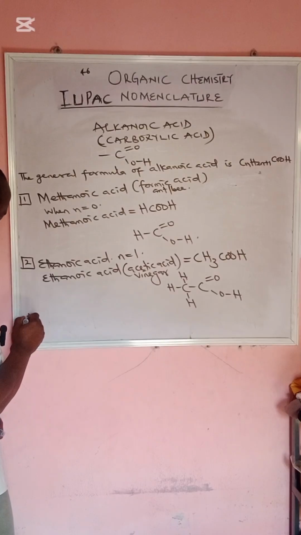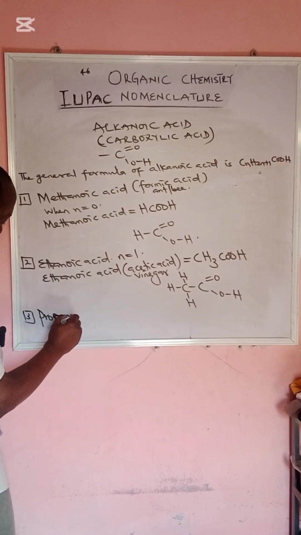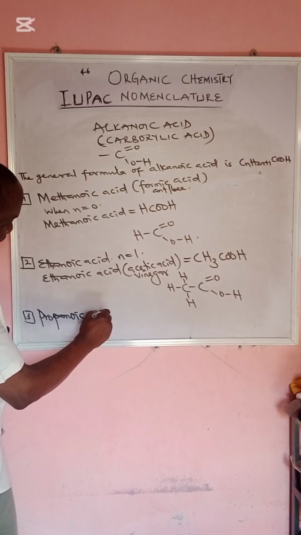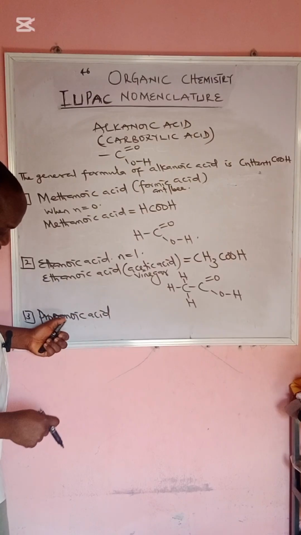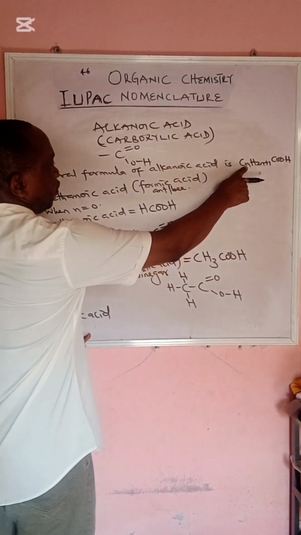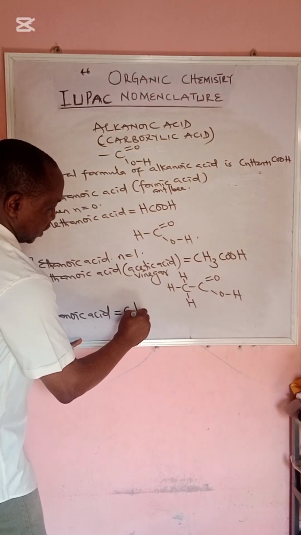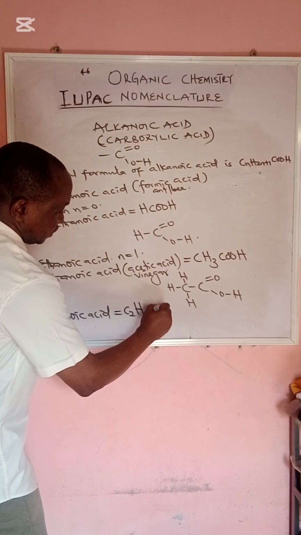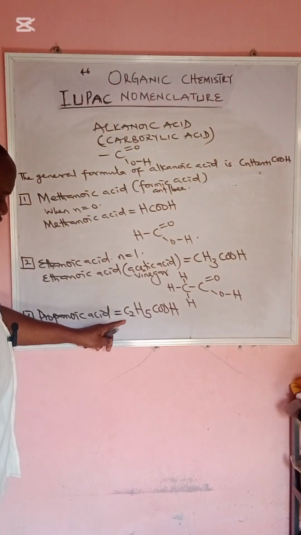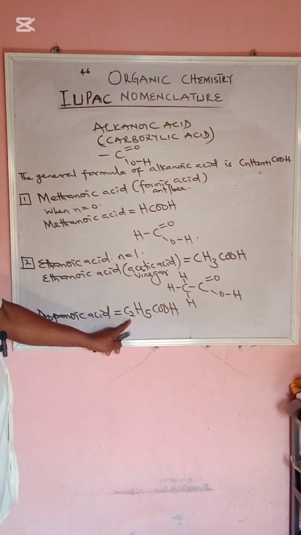So let's draw the formula for propanoic acid. Propanoic acid, meaning where n is equal to 2. Be careful. Where n is equal to 2 here, you have C2, 2 times 2 is 4 plus 1, H, COOH. You can see, making 3, the number of carbon is now 3.